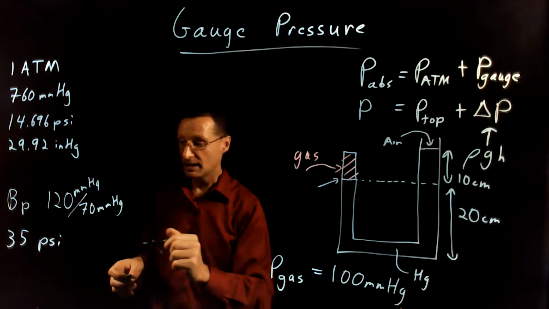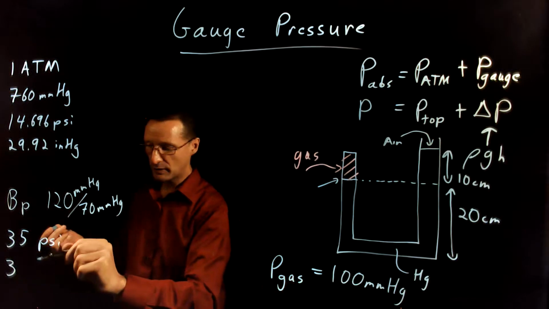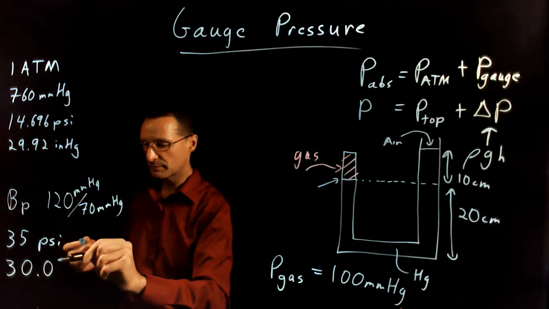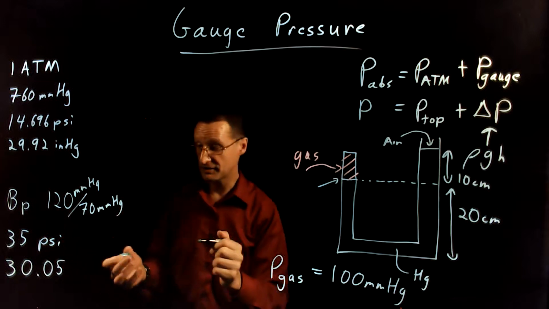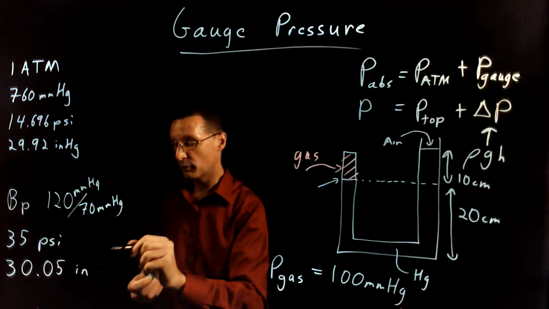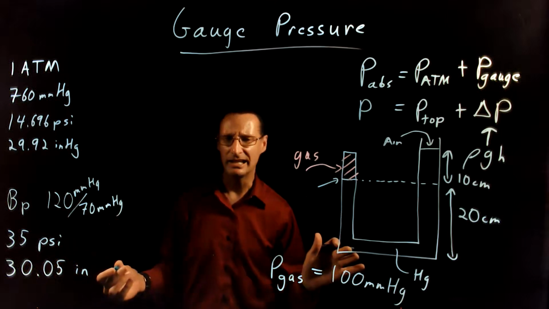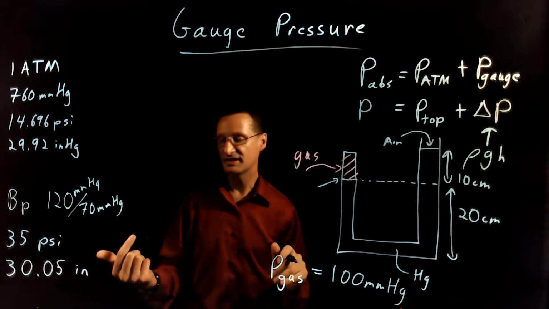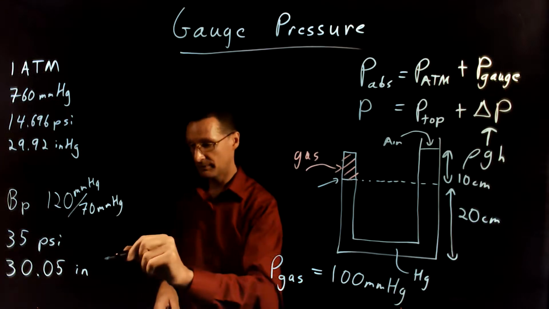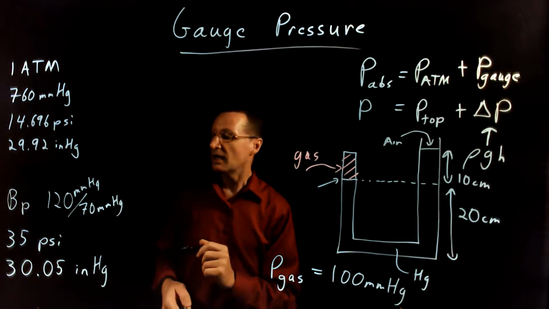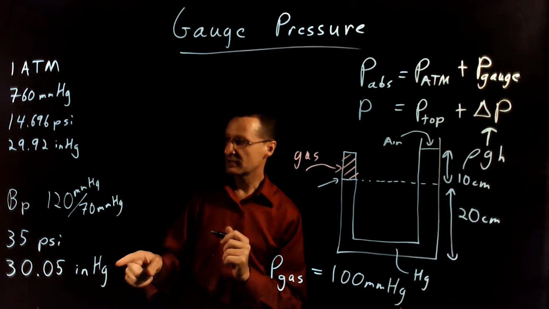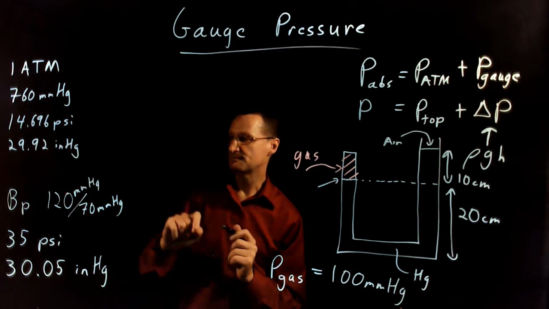One last example. On the news or on the weather report, you might look at the pressure outside when they report the pressure, and they often report it in a form like this. They'll say 30.05 inches. Well, what does that mean? First of all, you have to figure out what this inches means. Inches of mercury. If you notice that it's inches of mercury, then you can compare it with atmospheric pressure.